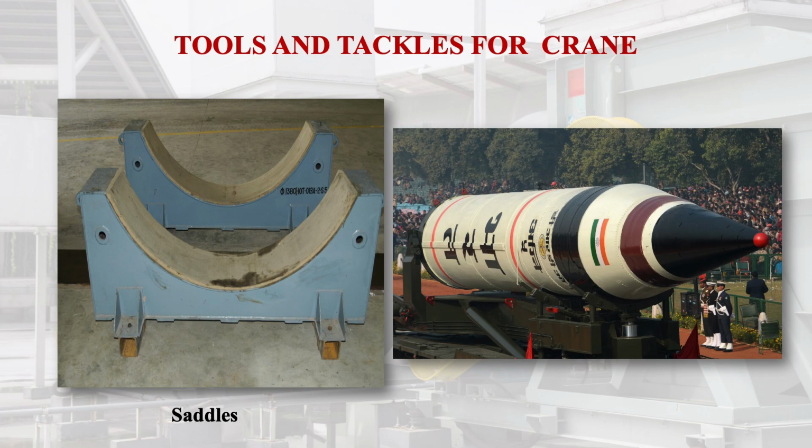And if it is a delicate object like a rocket motor which is filled with tons of explosives, if this saddle fails, you can imagine what is going to happen. There may be a disaster due to explosion on account of falling of the rocket motor, or some damage may occur in the outer shell of the rocket motor. This damage is irreversible, cannot be repaired.